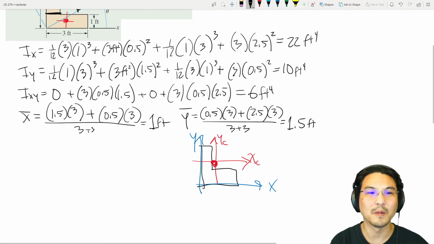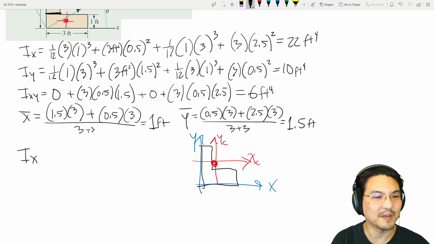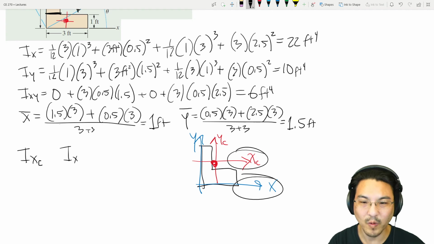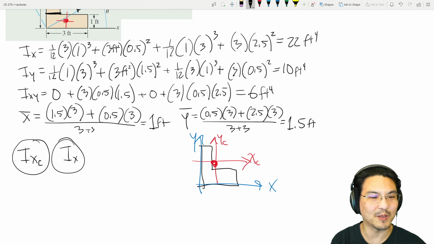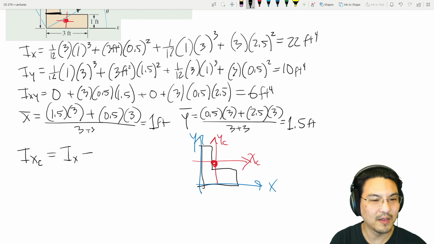So for Ix about the centroid, is it more or less? Like which one is more, about here or about here? About an axis going through the centroid is a minimum. So this one is less, this one is more. How much less? The area times the distance between these two axes squared.